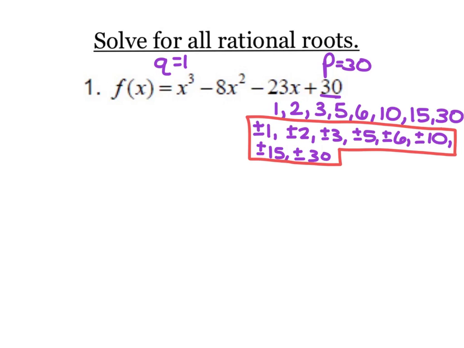We get 1 cubed minus 8 times 1 squared minus 23 times 1 plus 30. That's 1 minus 8 minus 23 plus 30. 1 minus 8 is negative 7 minus 23 plus 30. I get negative 30 plus 30. Oh, what do you know? Lucky guess. I got 0, which means that 1 is a solution.